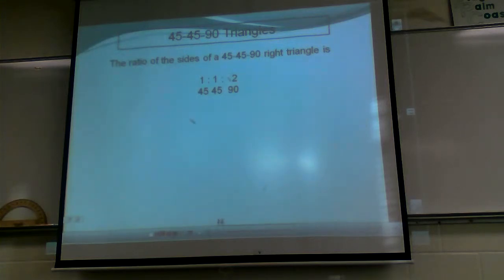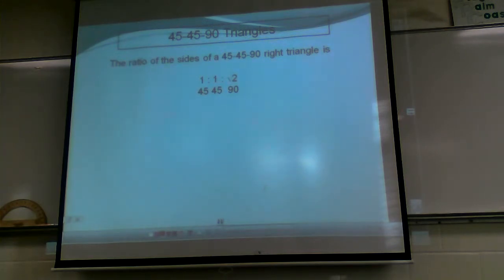So 45, 45, 90 is considered, like I said, a special right triangle because the side lengths are always in a distinct ratio. Such as the two legs are always 1 to 1. They're exactly the same, because this is an isosceles right triangle.